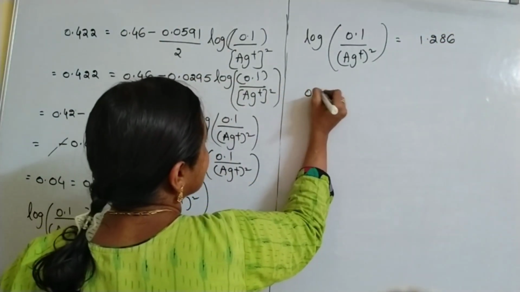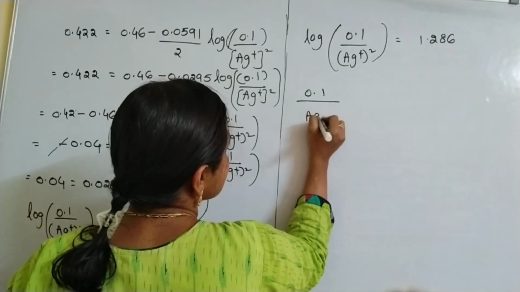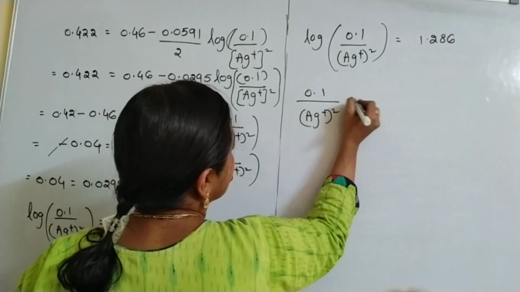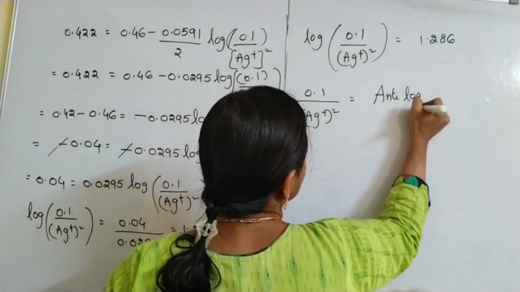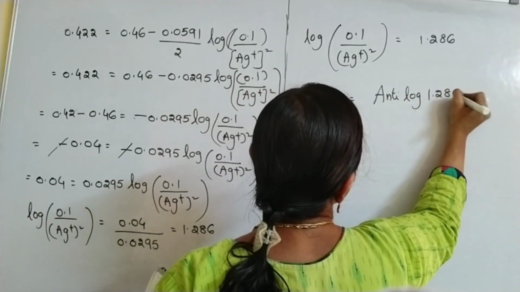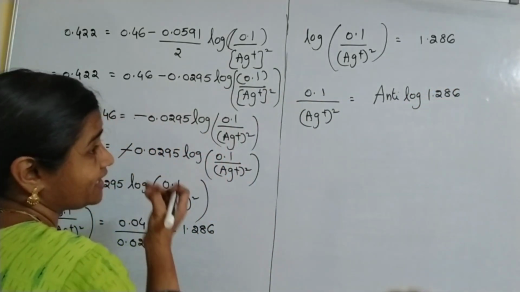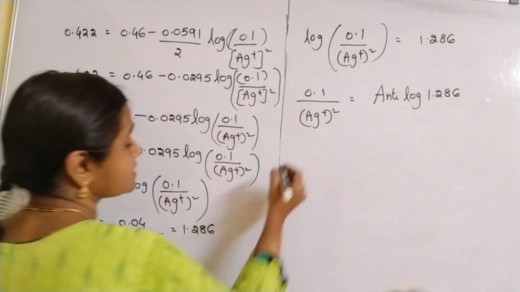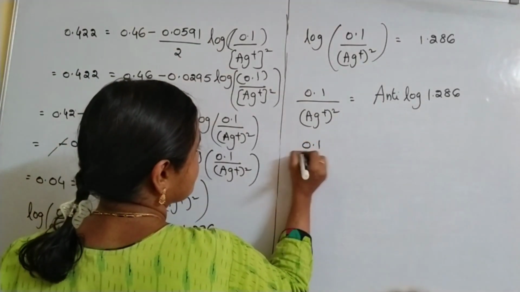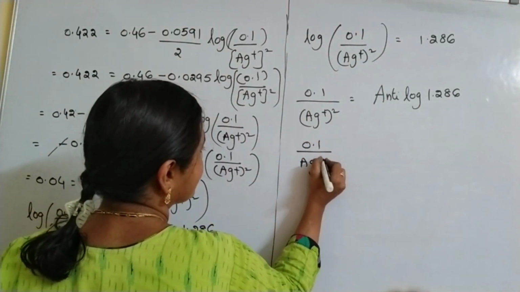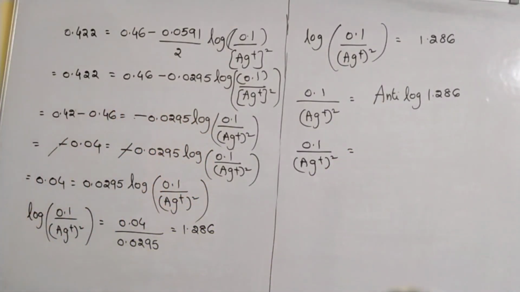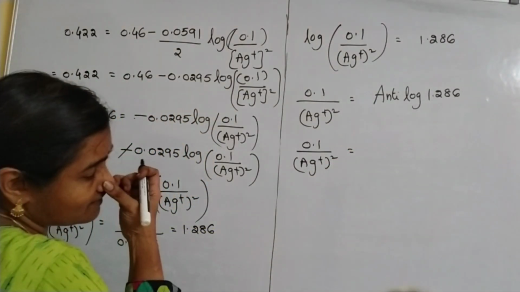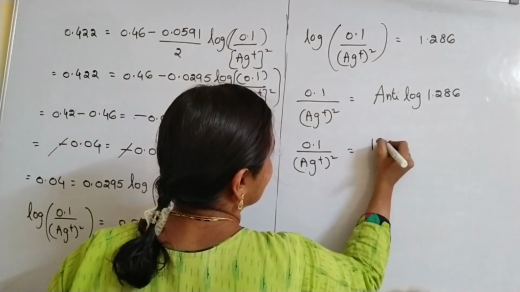Therefore 0.1 by [Ag+] whole square is equal to anti-log of 1.286. That anti-log of 1.286 we get as 19.32. Okay, check it in the logarithmic table.